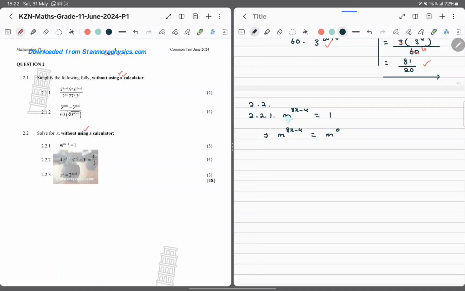So our guide here is the base of m. So when we have 1, we just reverse that situation. So same bases would equate the exponents. So this implies that 8x is equal to 4, which implies that x is equal to 4 over 8. Therefore, x is a half.